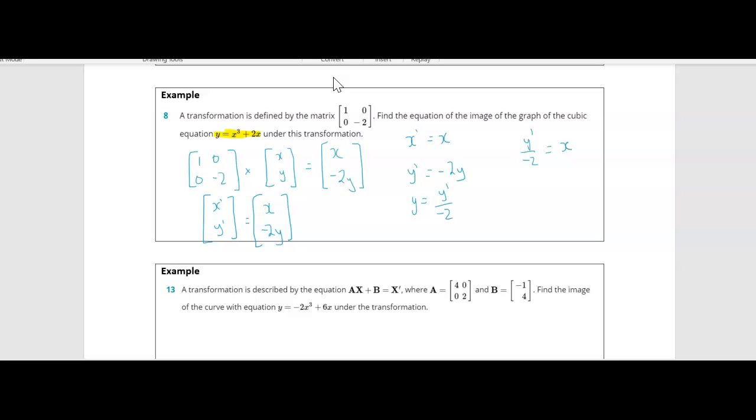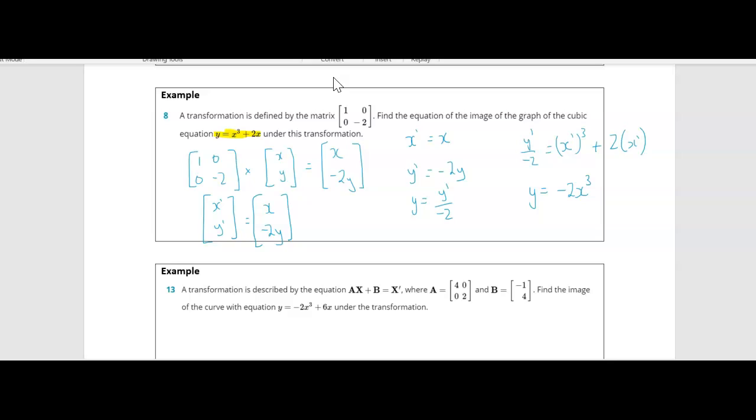Now the x hasn't changed, so just be careful because I've got the x dash. I don't want to be careless, and because we're cubing it, I don't want to read that then as x to the power of 13. Not that I probably would, because 13 is quite a high power, but I'm just going to do that just to be cautious.